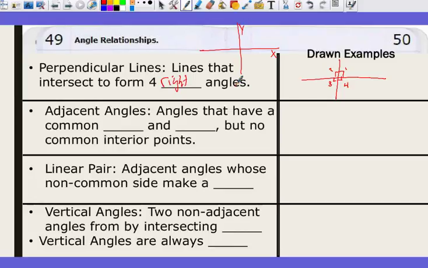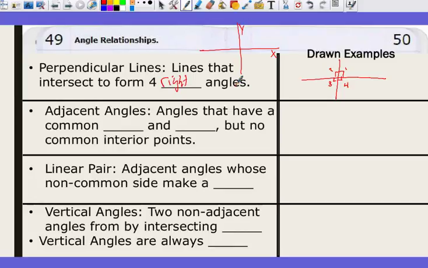All right. Adjacent angles are angles that have a common blank and a common blank. So I'm going to show you what 2 adjacent angles look like. And then you can tell me what they have in common. Okay. So, we have 2 angles, right?